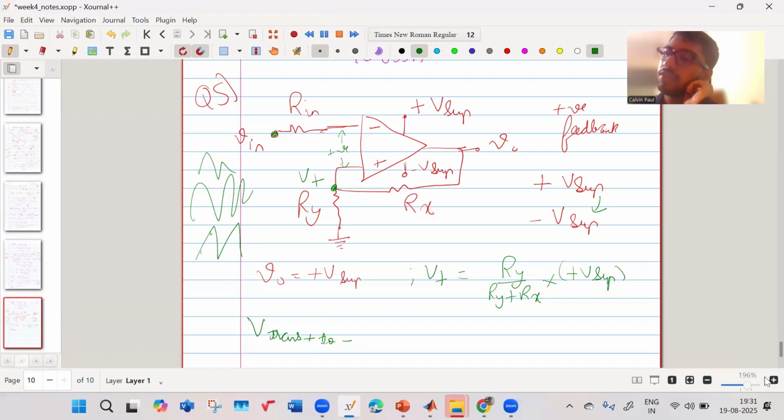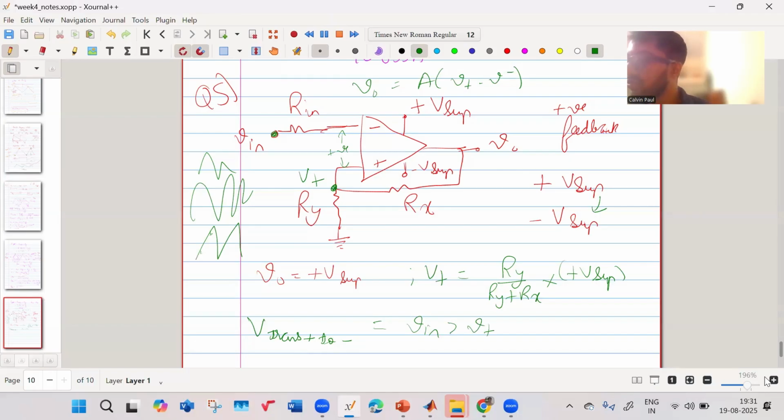Because the op-amp output is gain into V plus minus V minus, for an ideal op-amp. So it should be reversed: V in should be more than V plus. So this happens when your V in becomes greater than V plus. In that case, your output will become negative.